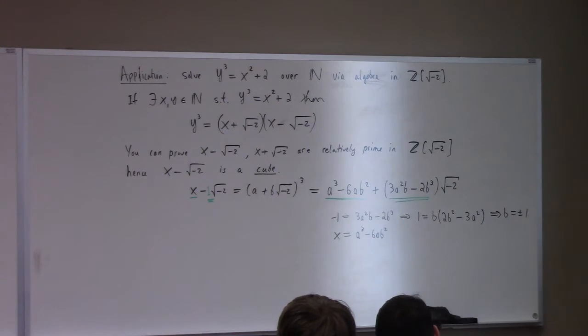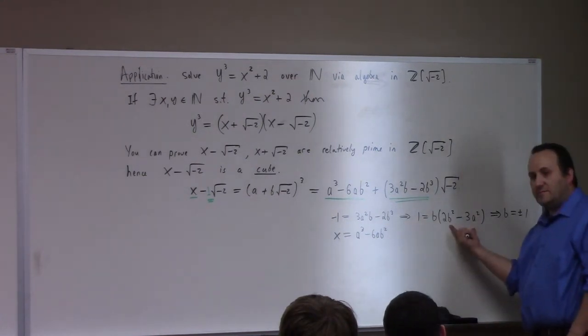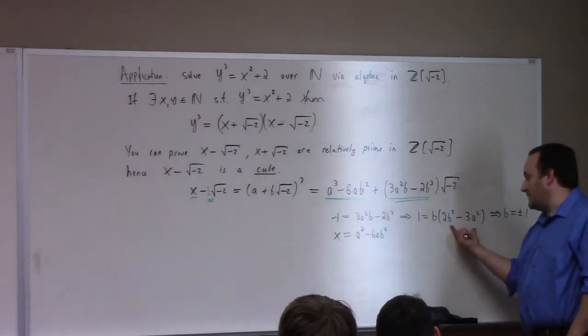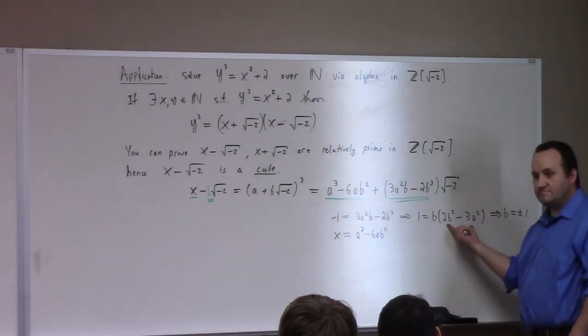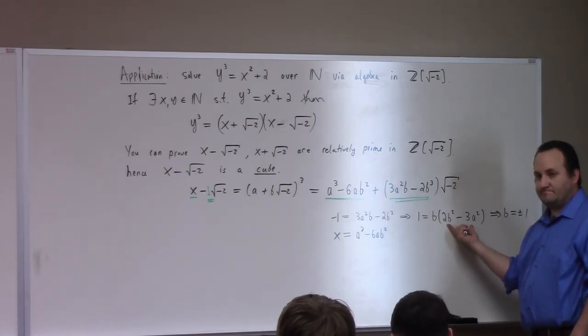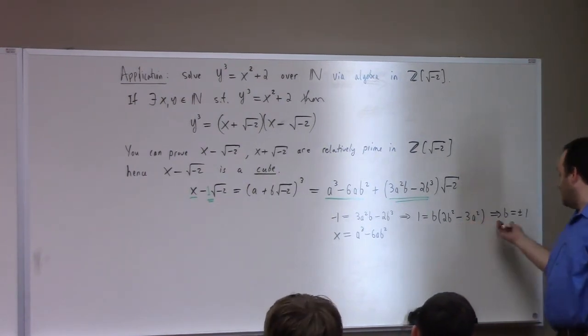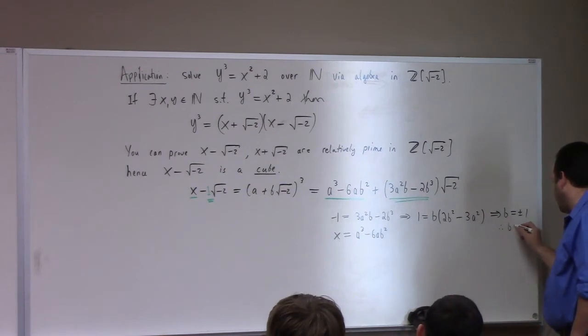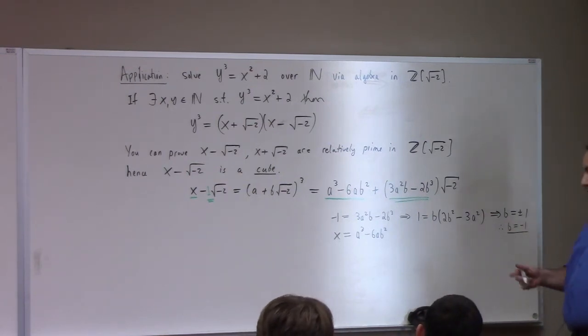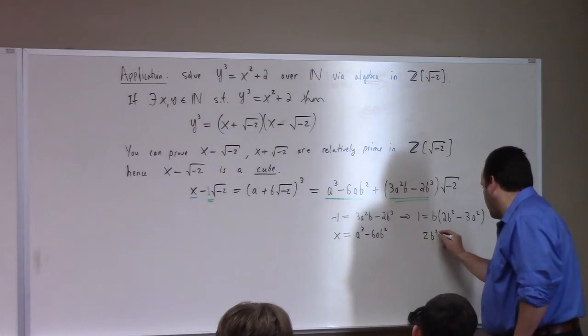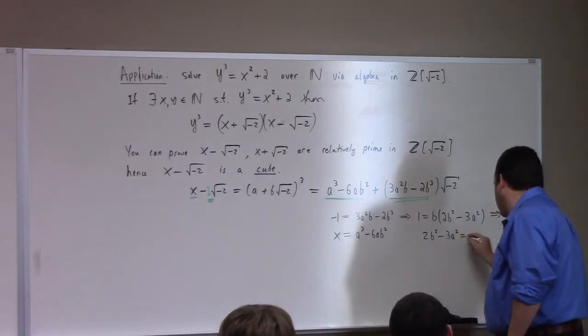Now, if b is plus 1, we're out of luck, because then this also has to be plus 1, and it's fairly easy to see that there are no solutions to that. You can't have 2 times stuff minus 3 times stuff work out to 1. So minus 1 is what we have to choose to get interesting solutions. And so that gives us that 2b squared minus 3a squared is equal to minus 1.